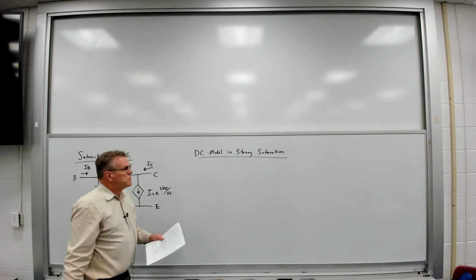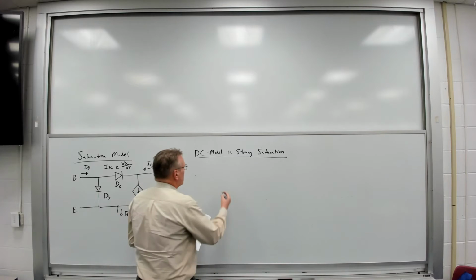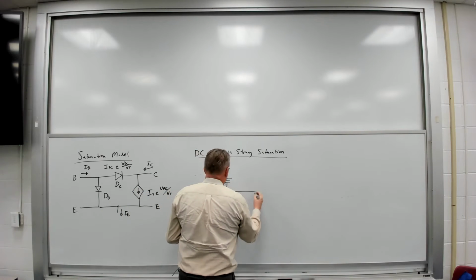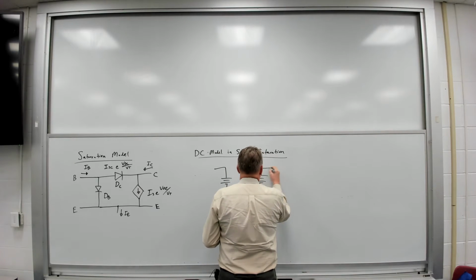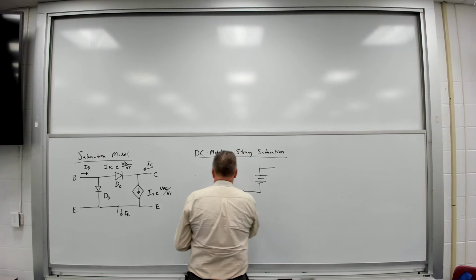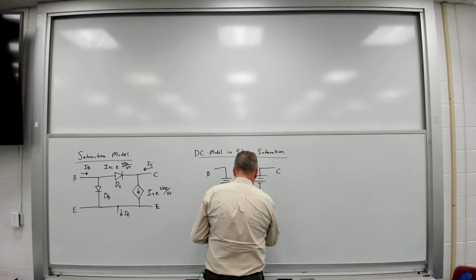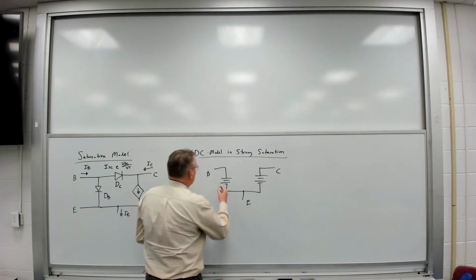So in strong saturation, you can actually represent the BJT as really nothing more than a couple of voltage sources. So in strong saturation, the beta relationships have broken down.